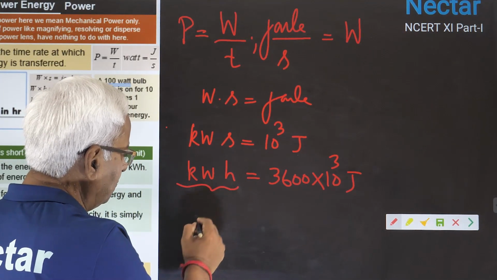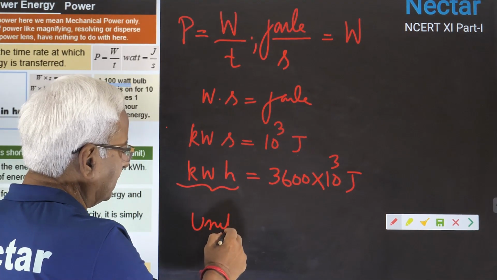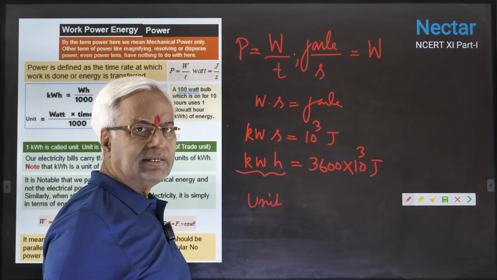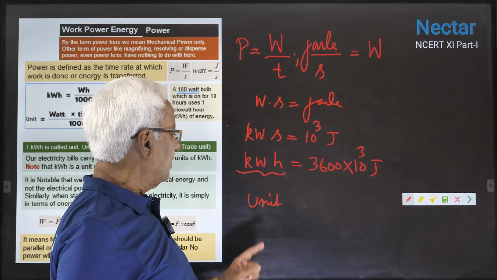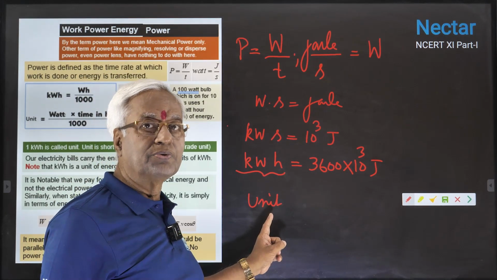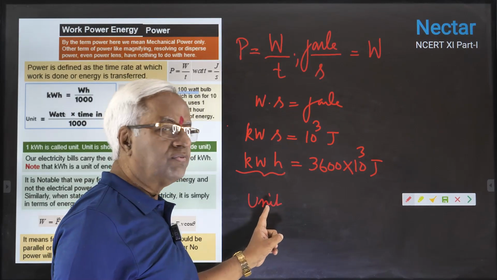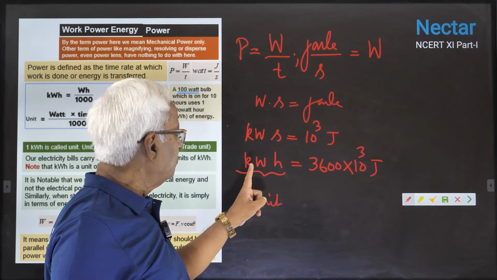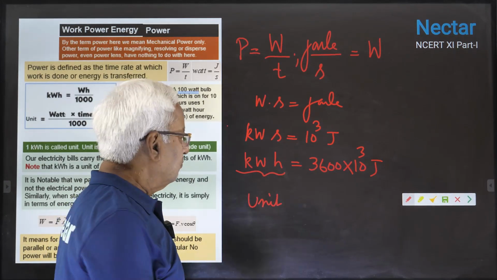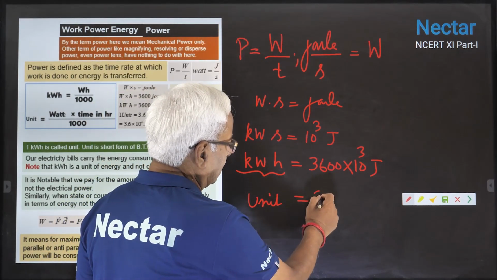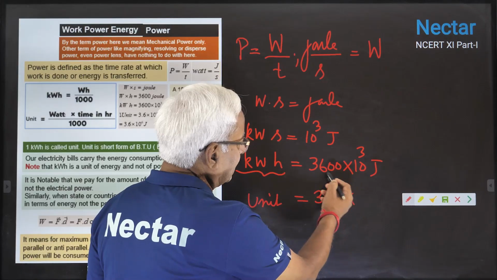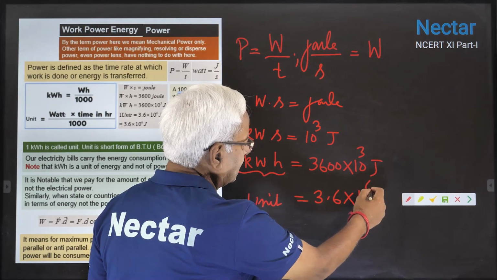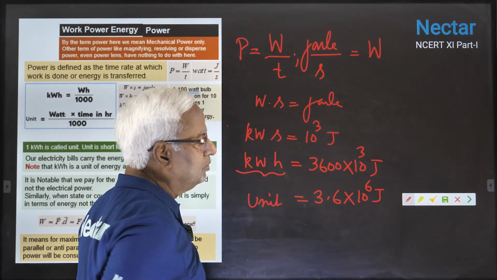This is known as unit, very common term while dealing with electric bills. Everybody is aware of this term, unit. In fact, this is short form of Board of Trade unit, but this stands for kilowatt hour. 1 kilowatt hour would be equal to 3.6, see here, this becomes 10 to the power 6 joule.